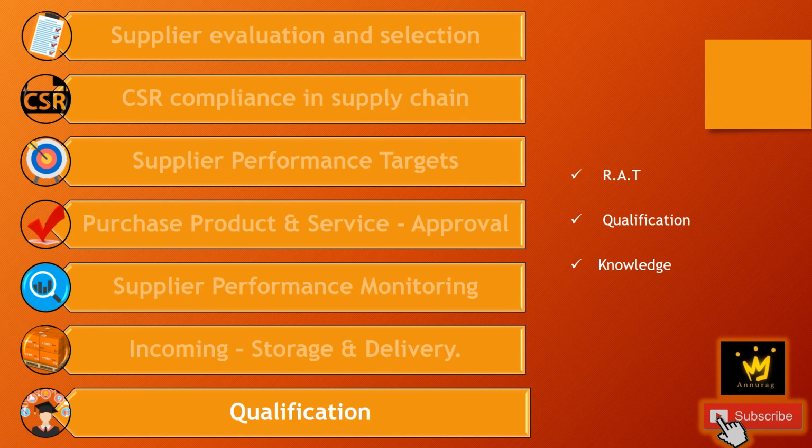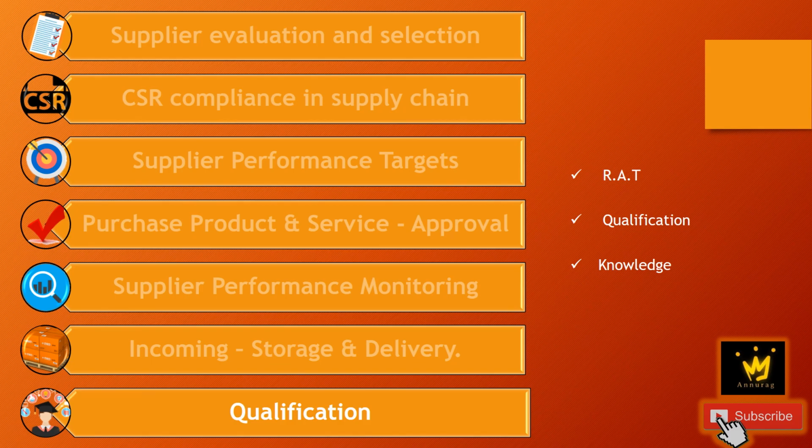Another thing which you will check is whether the qualification requirement of the employees with respect to the task they do is properly defined or not. For example, for people who are doing internal audits or supplier audits, whether the qualification requirement for these people has been defined, like they should be a VDA certified auditor or not. Like this, you should have a qualification requirement defined for all the employees.